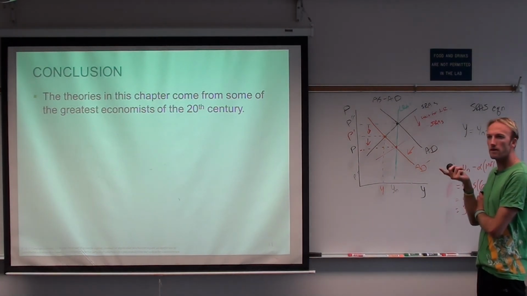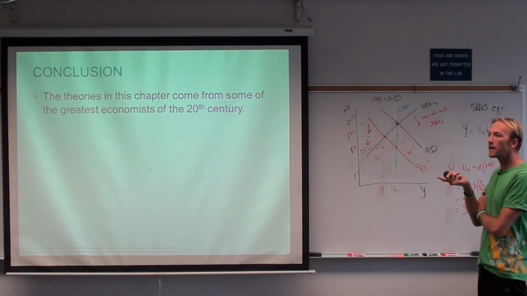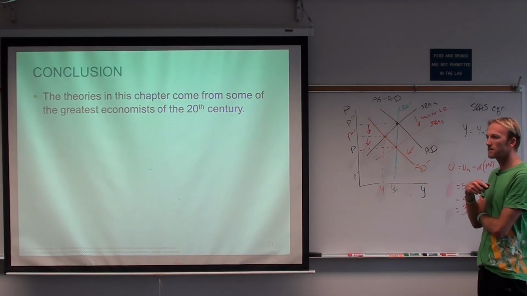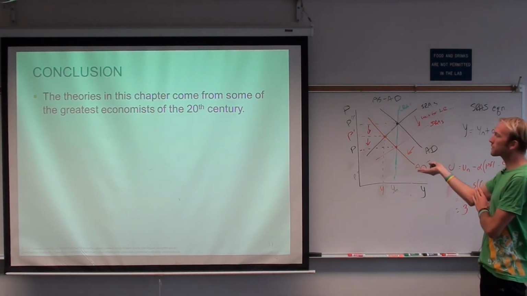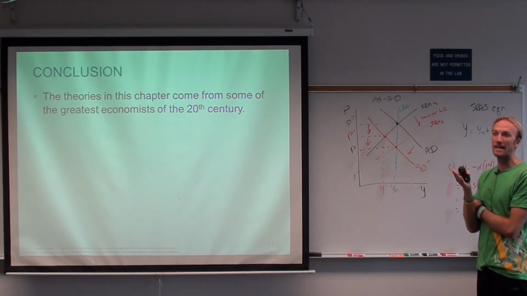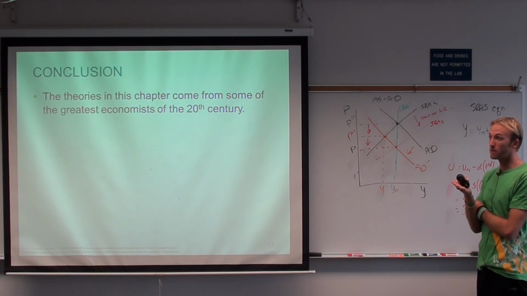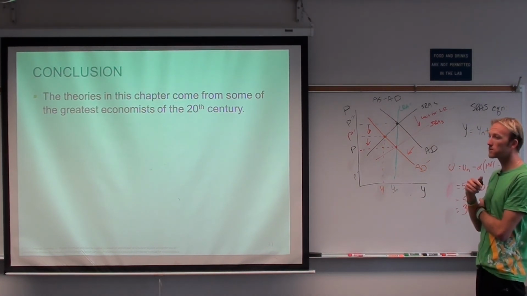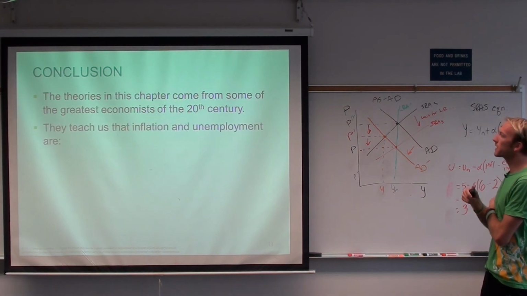I think it's the story of what we learned in economics and macroeconomics in America in the 1900s, specifically from 1950 to 2000, right? That's where this stuff comes from. This doesn't come out of thin air. People are like, oh, the economy's doing that right now. I need to try to explain it. And so we came up with these models, right? The AS-AD model, the inflation augmented Phillips curve, okay?